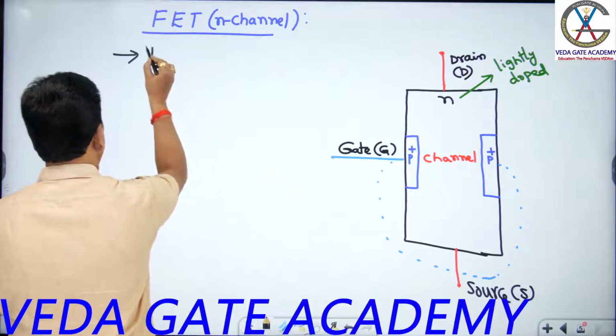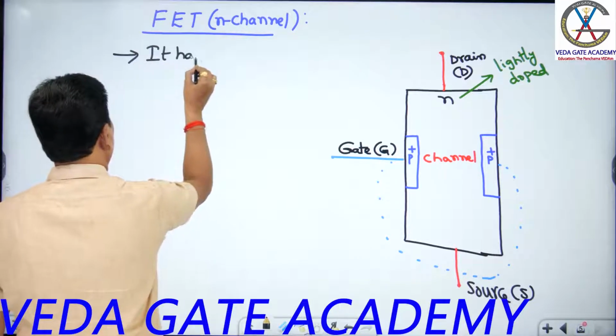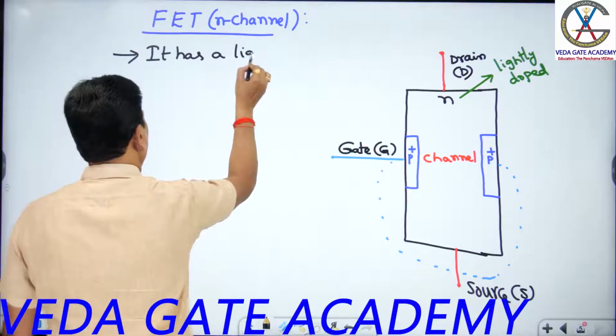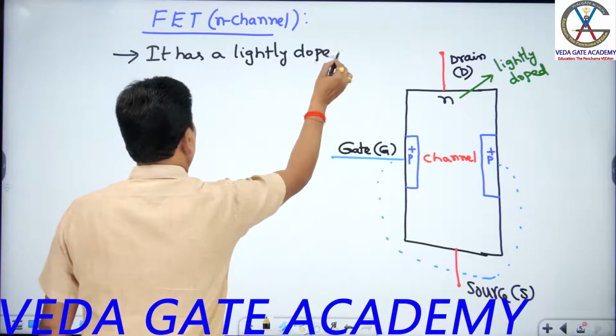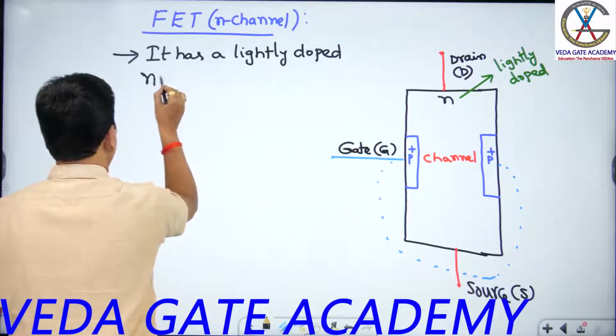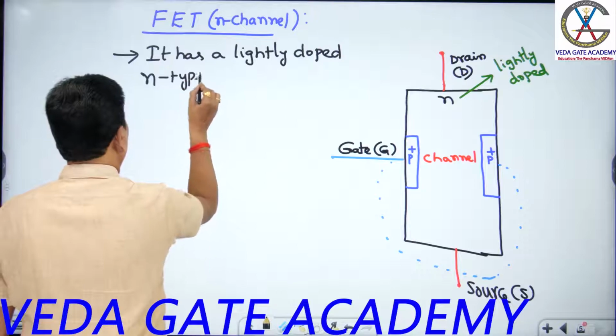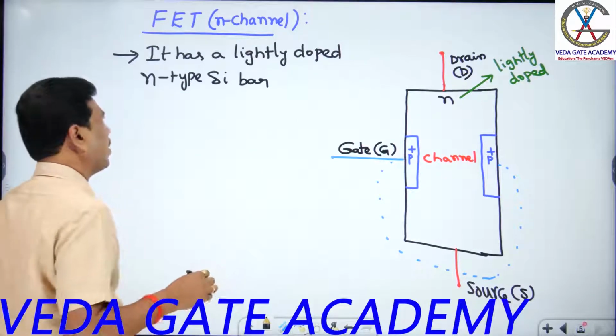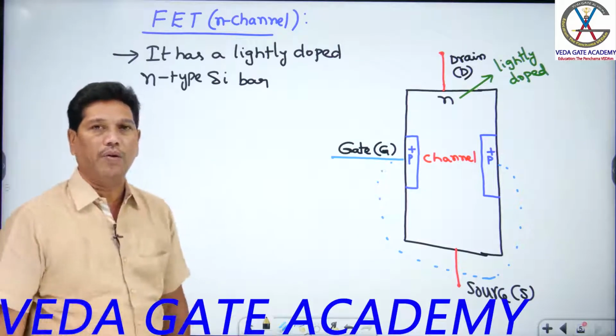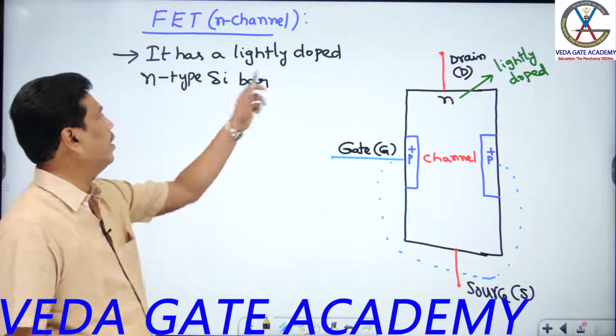So for n channel you say it has a lightly doped n-type silicon bar, students. N-type silicon bar. Sir, why it is lightly doped, that I can discuss to you later. For the time being you just remember it is lightly doped.